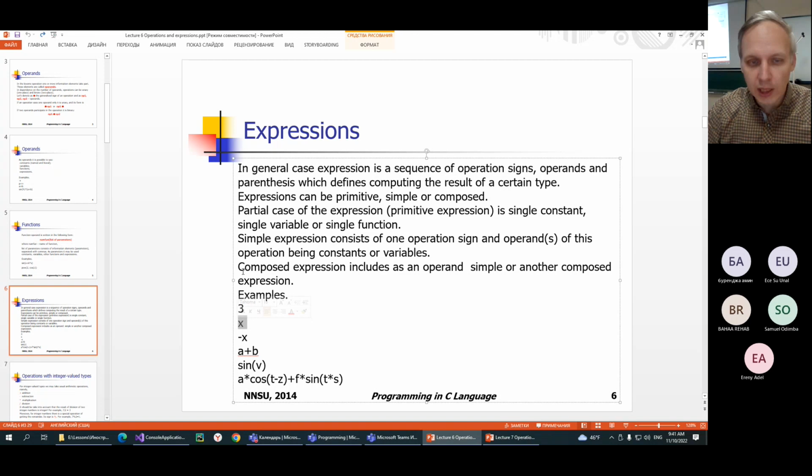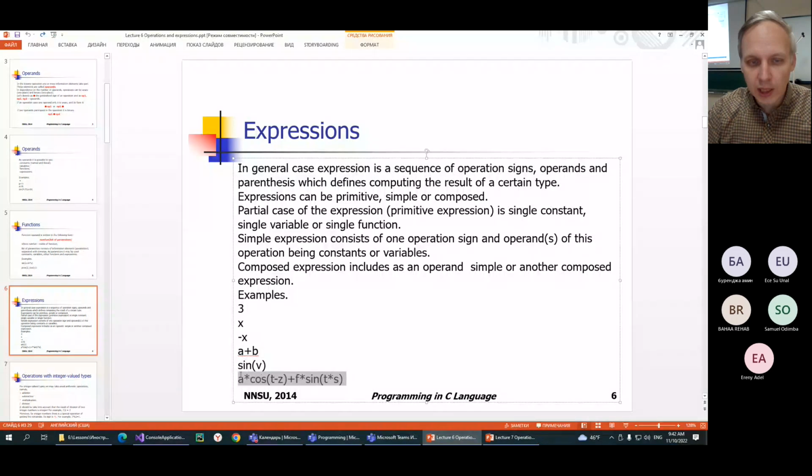A simple expression consists of one operation sign and the operands required for this operation. For example, minus x is a simple expression. A plus b is a simple expression, just one operation and the operands. Sinus v is also a simple expression.